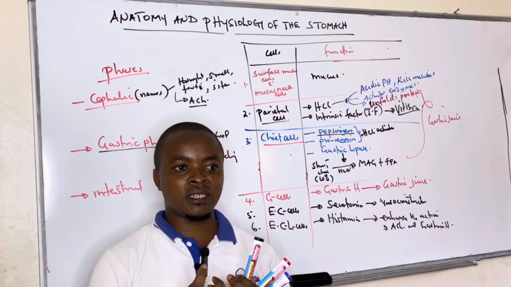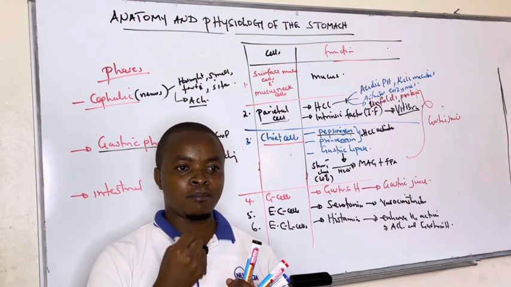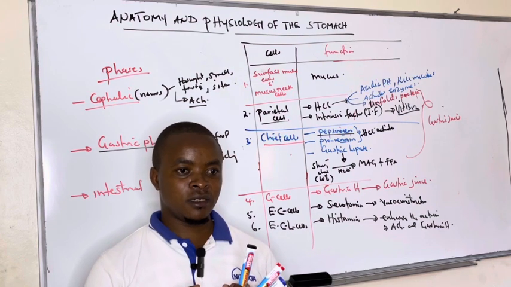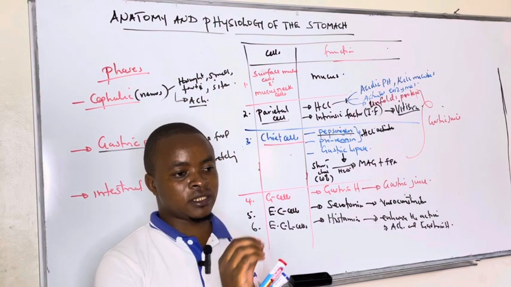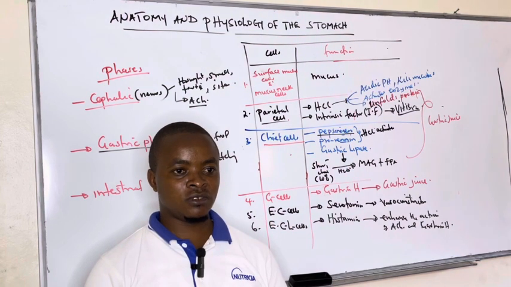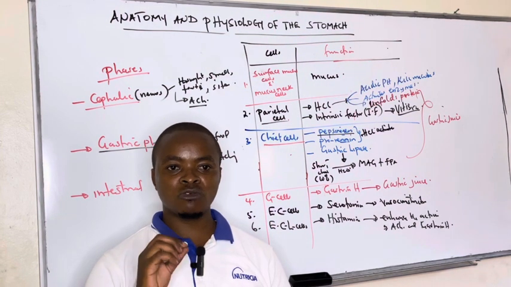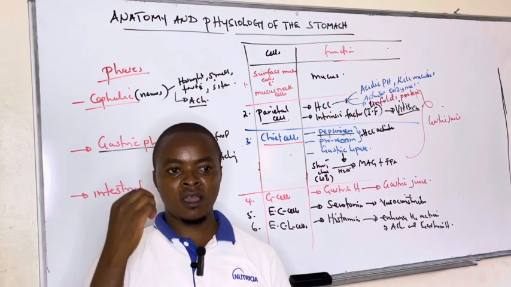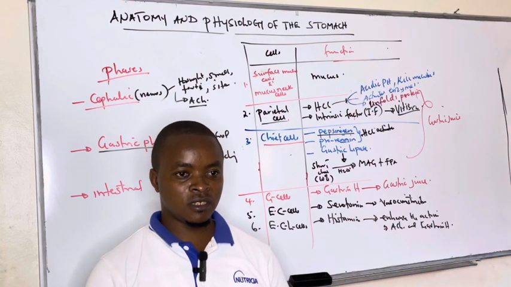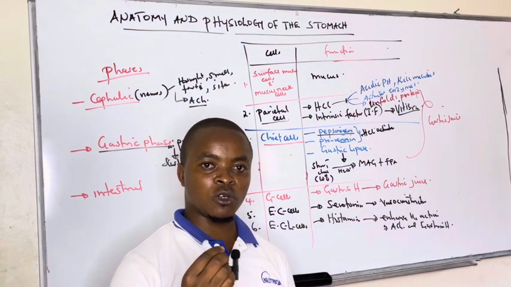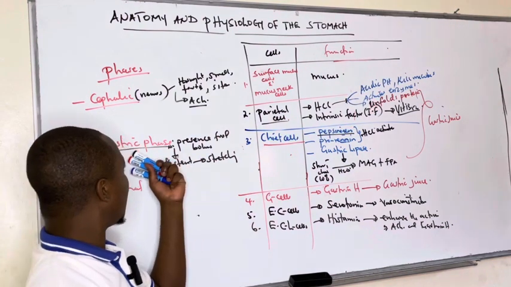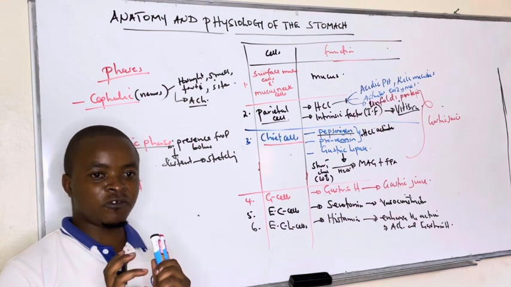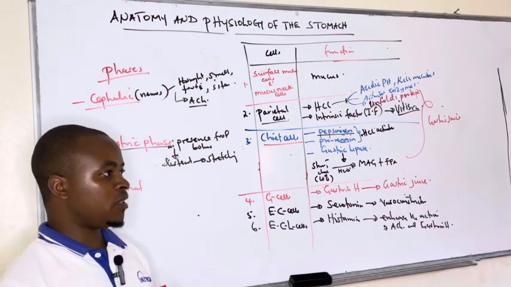These trigger the Meissner's plexus, or the submucosal plexus, to release acetylcholine, which stimulates the parietal and the chief cells to release gastric juice. And that is the gastric phase, which is stimulated by presence of food in the stomach.